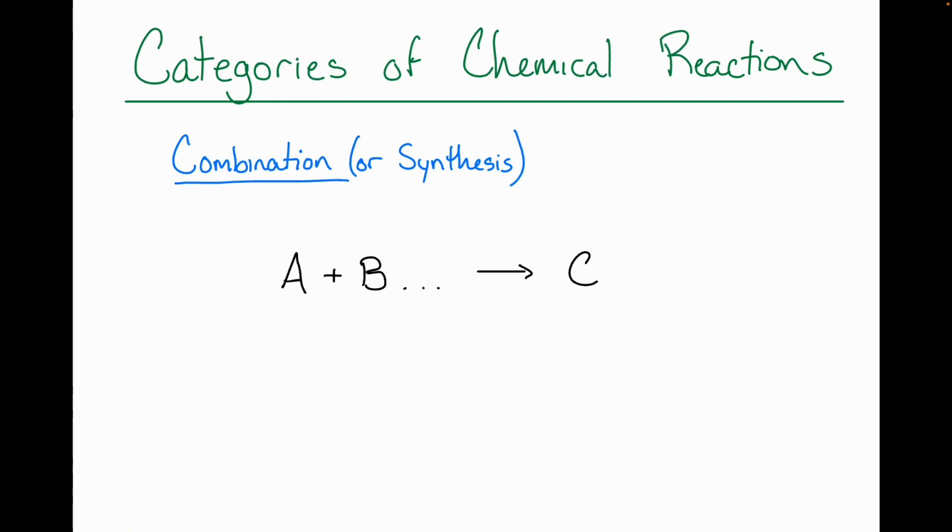All right, so given a balanced chemical equation, we can classify it as a combination reaction if we have multiple reactants and just one product, right?